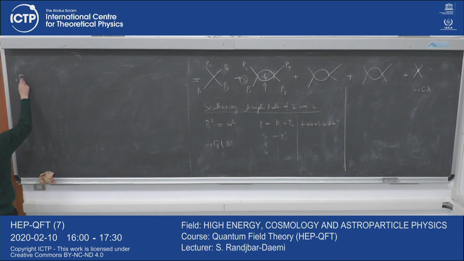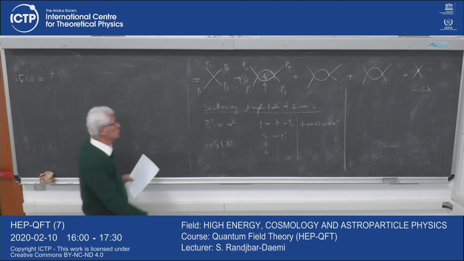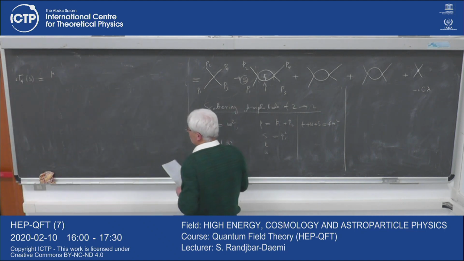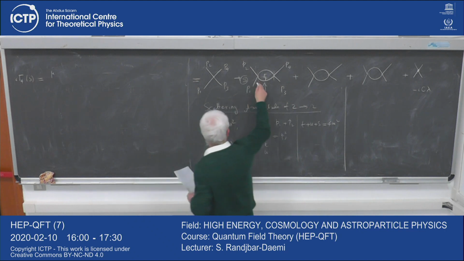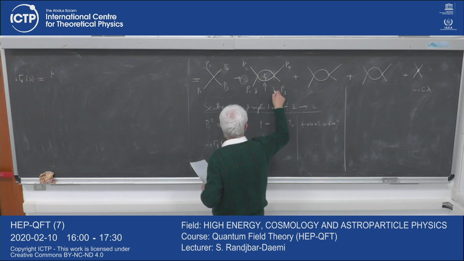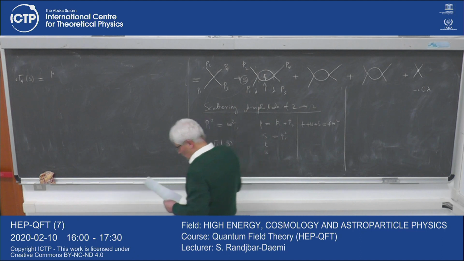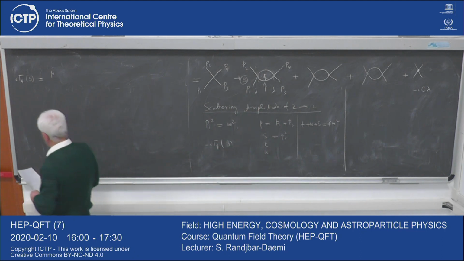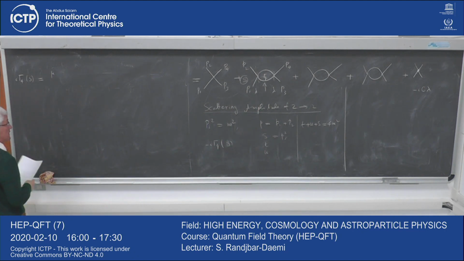We define the 4-point amplitude by the relation here. Note that I'm not going to put the lambda in the definition. Lambda will come in: this graph will go like lambda from here and lambda from here, so it will go like lambda to the 4. I will bring it in later on. Let me just write the parts which are essential to this discussion.